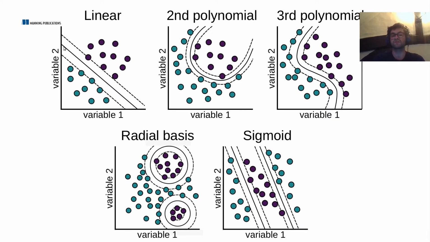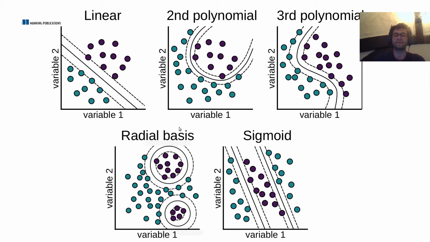So one option is the linear kernel, which is actually equivalent to no kernel at all. We can use a polynomial kernel, which is able to create decision boundaries of increasing levels of flexibility. As you go from second to third to fourth polynomials, you can have very flexible decision boundaries.